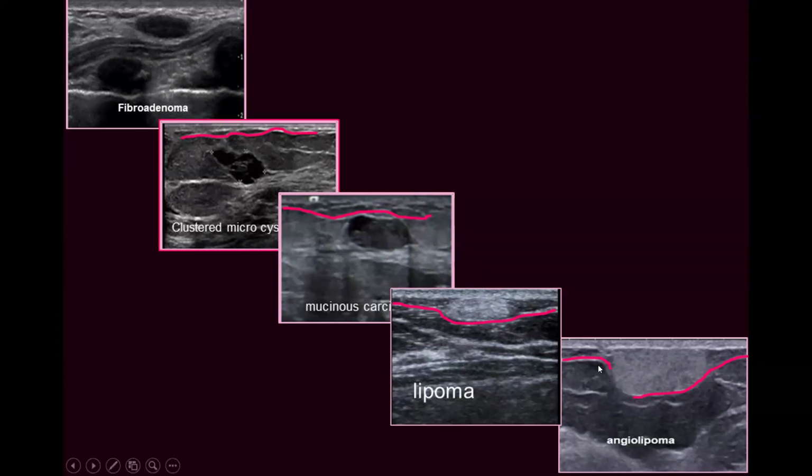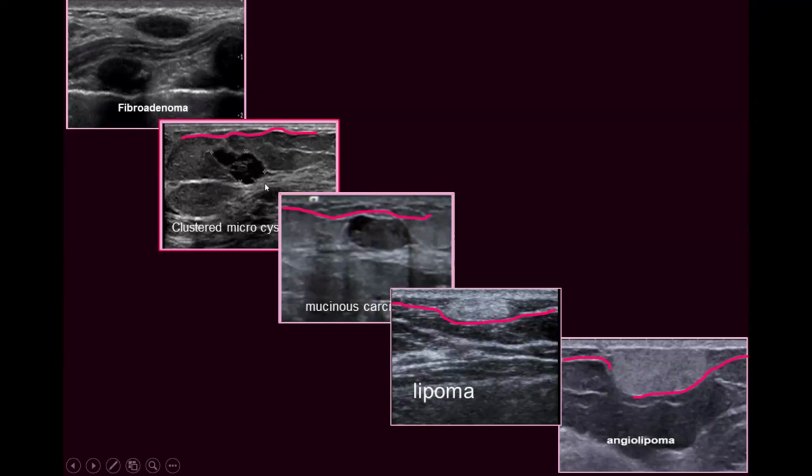Though it is not complete, can you see it pushing posteriorly? Again, here it pushed posteriorly, while this is a mucinous carcinoma. Look, this is from the literature. In the mucinous carcinoma, I could trace the superficial fascia coming anterior to it.